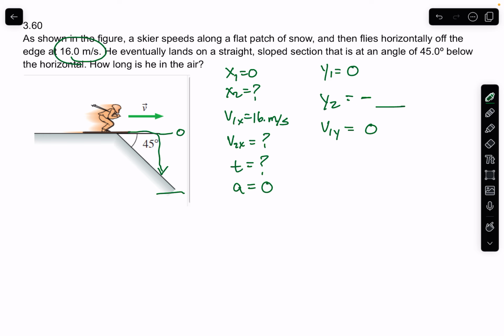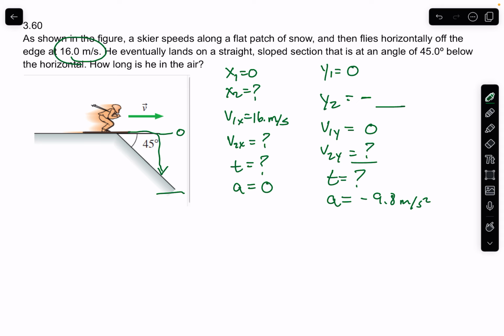Yes, you do. It's 0, because he's moving horizontally when he goes off the jump. We don't know v2y, but I don't think we're going to need that. We're trying to solve for time, that's our question mark. But we do know the acceleration. It's negative 9.8 meters per second squared. So we know all of these numbers, and now we want to solve for time.